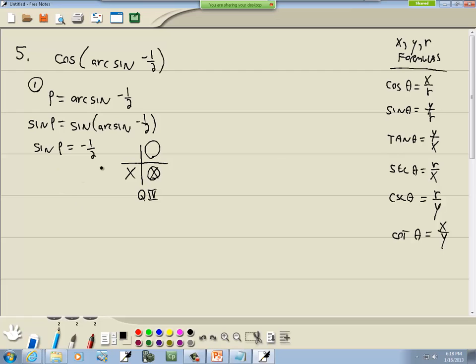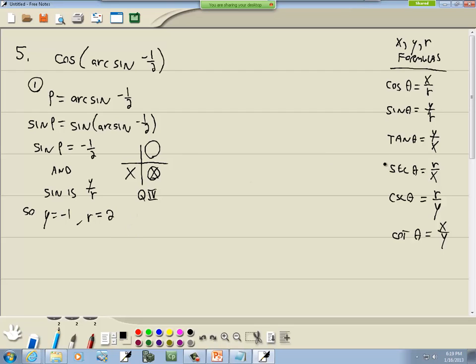Okay, now remember, sine is y over r. R always has to be positive, so even if I didn't know what quadrant this was in, we can't have the negative down on the 2. So y is equal to negative 1 and r is equal to 2.